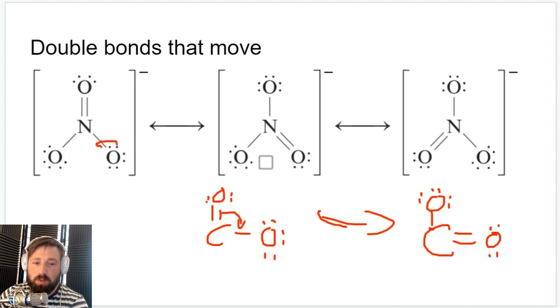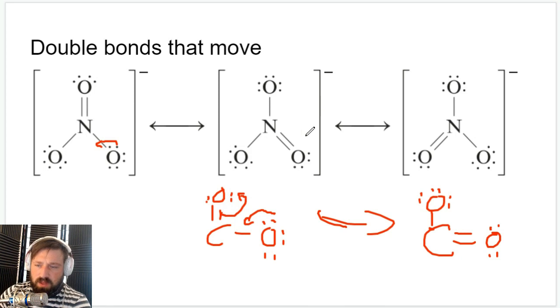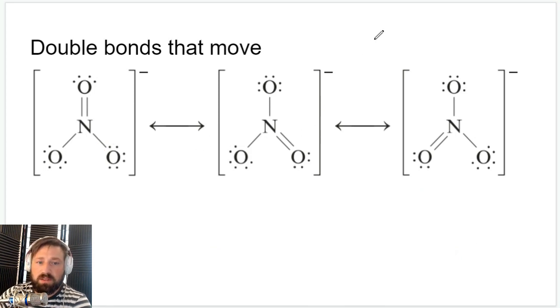That is not what's happening. What's happening is these electrons, this lone pair, makes a double bond, and this forces this double bond to jump back into being a lone pair. So that's essentially what a resonance structure is, what resonance is.